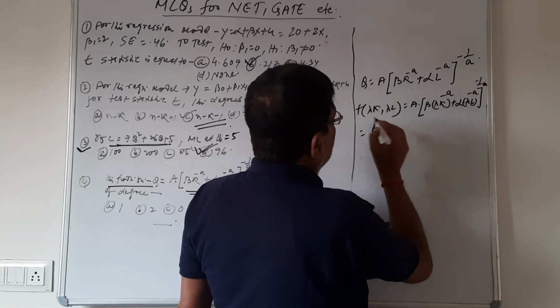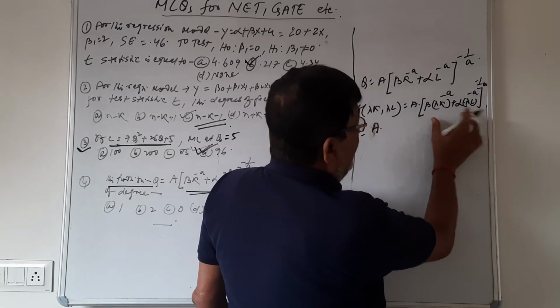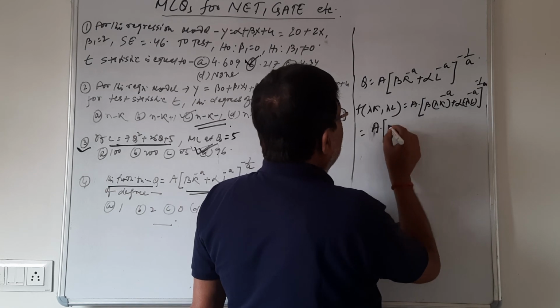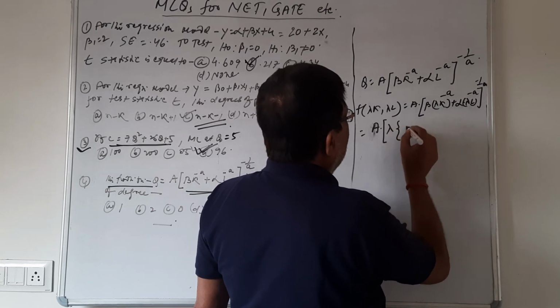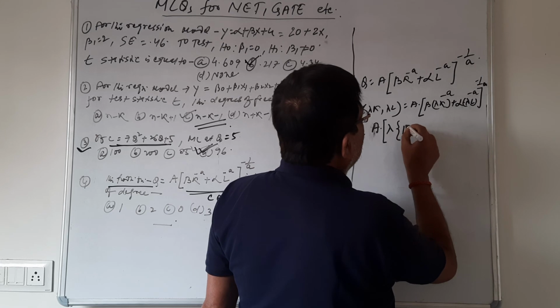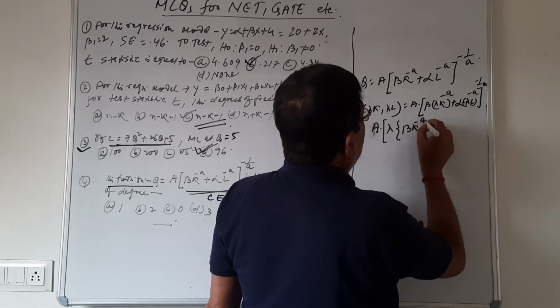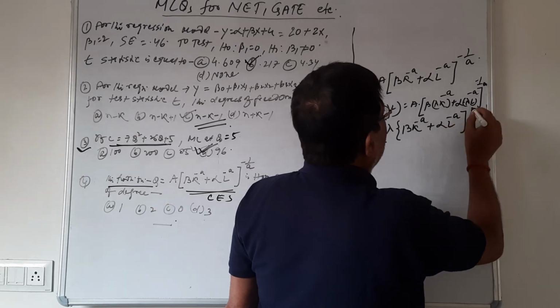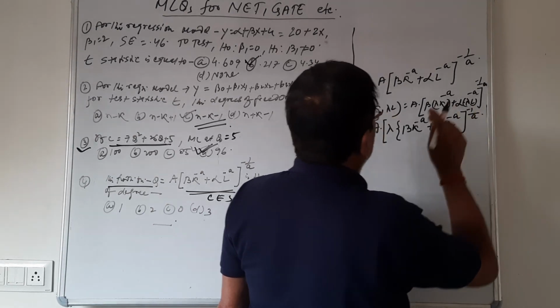Within this big bracket we can take lambda as common, then we are left with beta k to the power minus a plus alpha L to the power minus a, raised to the power minus 1 by a.